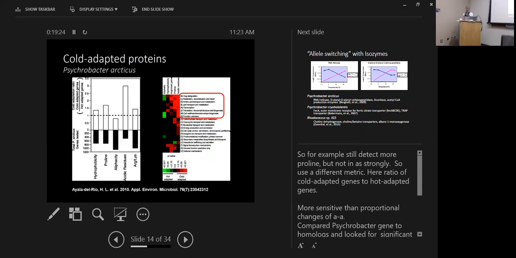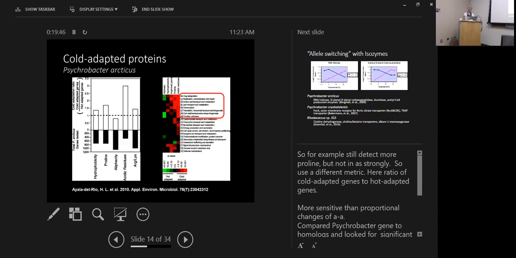Okay. So interestingly, psychrophiles show these changes in amino acid composition, and for those psychrophiles that grow at the lowest temperatures, it's kind of easier to see these signatures of cold adaptation in their proteins. But it's not so easy to see them in Psychrobacter.